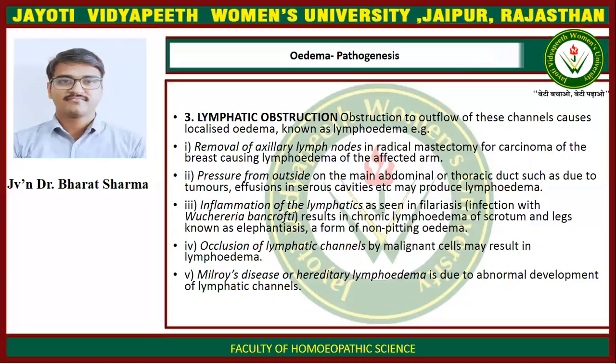Pressure from outside on the main abdominal or thoracic duct, such as due to tumors, effusions in serous cavities, etc., may produce lymphedema. Inflammation of lymphatics, such as seen in filariasis, infection with Brugia malayi, results in chronic lymphedema of scrotum and legs, known as elephantiasis, a form of non-pitting edema.